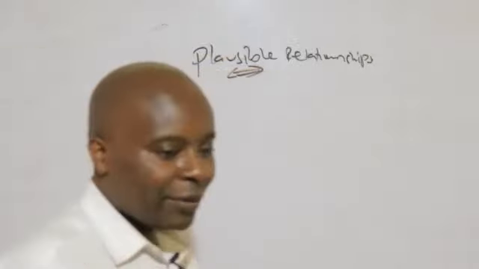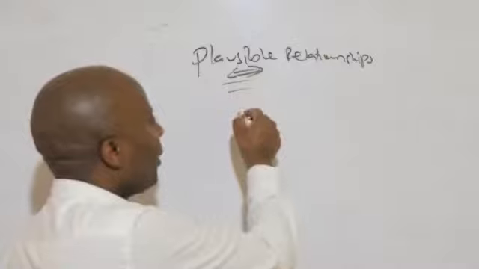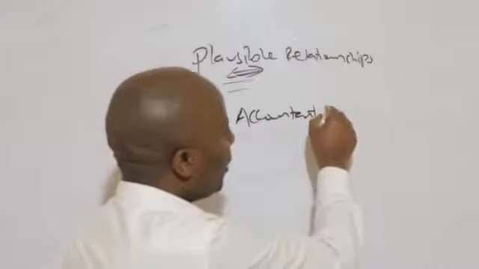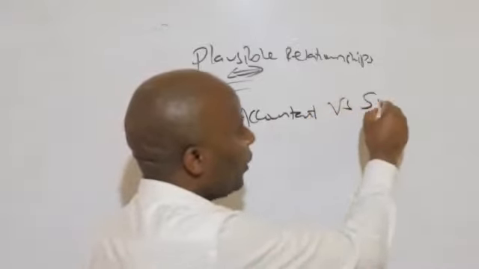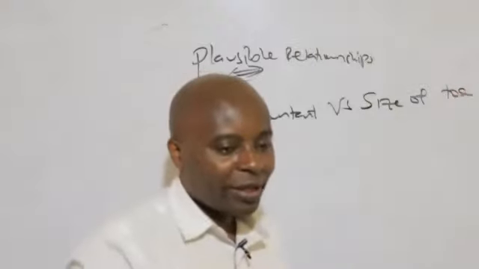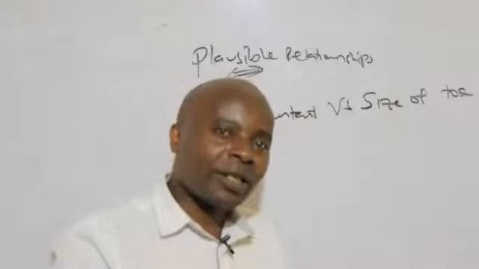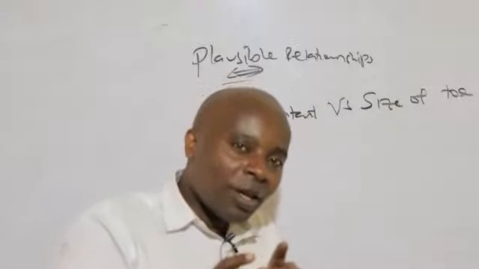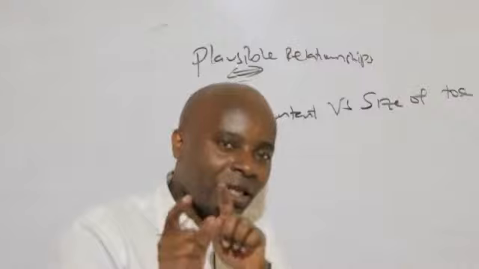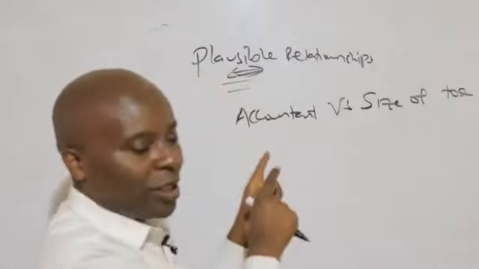For instance, if you have this kind of relationship: the effectiveness of an accountant versus the size of the toe. Somebody has done research and come up with the conclusion that the bigger the toe of an accountant is, the more effective this accountant will be at their workplace. This is a useless relationship.